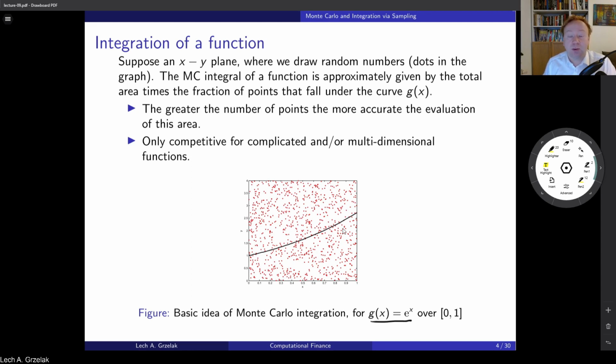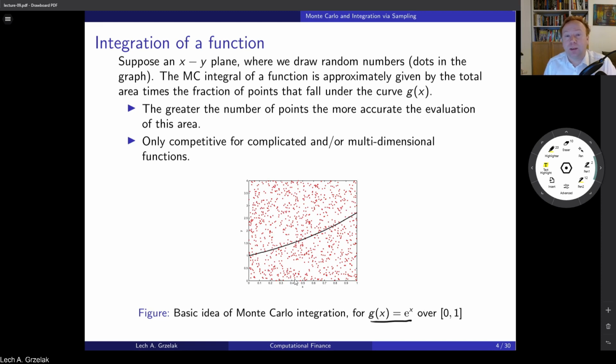We just perform random samples, and we count how many dots or how many samples we have under the curve. This is very simple. Just count the number of samples under the curve. Then once we have the number of samples under the curve, and we know the whole area, we can calculate the proportion of the samples which are under the curve, and that will be a good estimate of the integral.